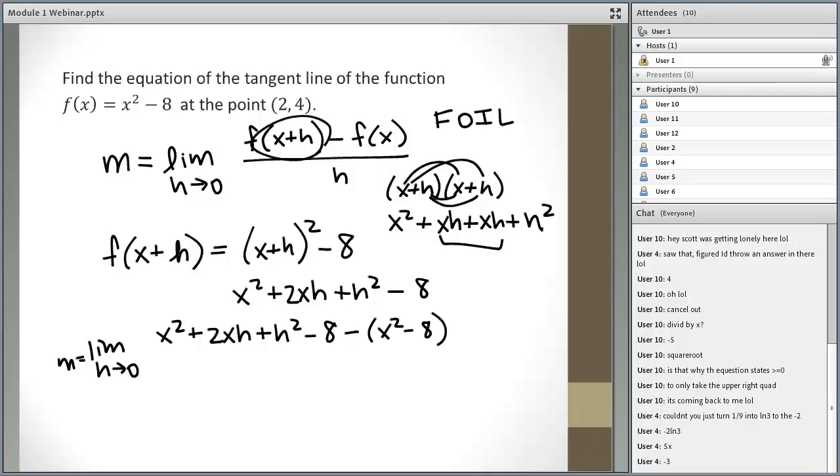And I put parentheses around it because I'm subtracting that whole function off, which means that negative needs to get distributed to both. All of this divided by h. So what I'm going to do is distribute this negative. So I'll go ahead and do that.